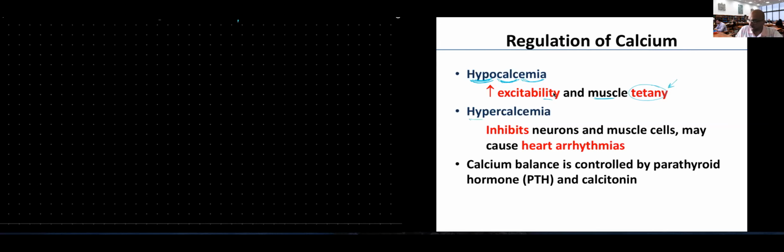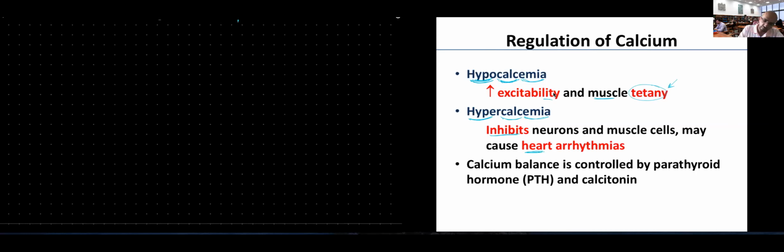Having a high blood calcium level is what we call hypercalcemia. In this case, the calcium is going to be competing with other important ions like the sodium, causing the inhibition of the neurons and muscle cells, and this will result in heart arrhythmias.